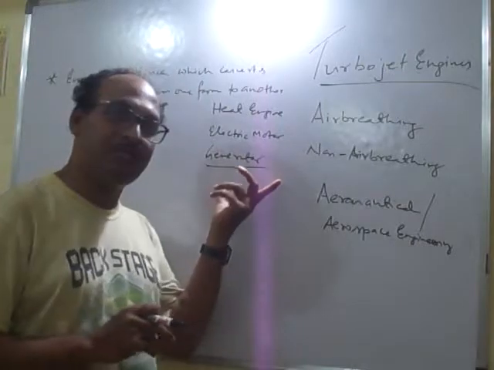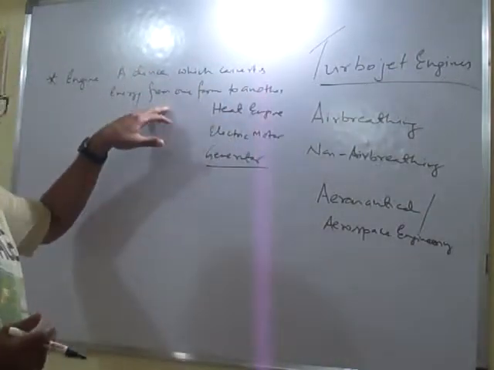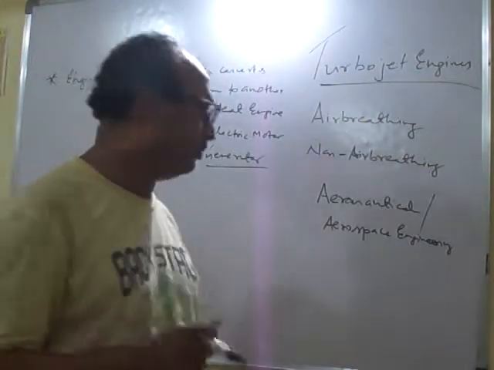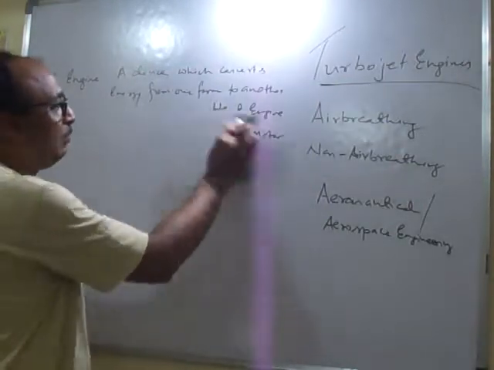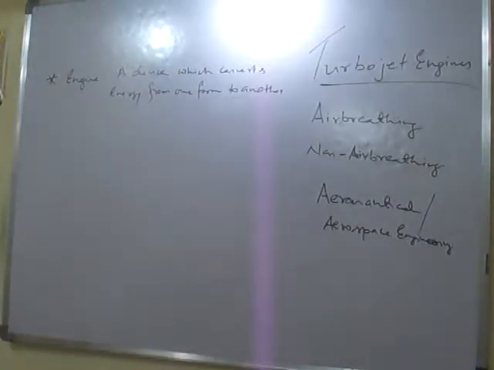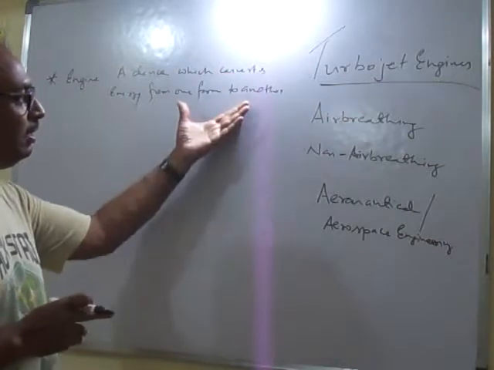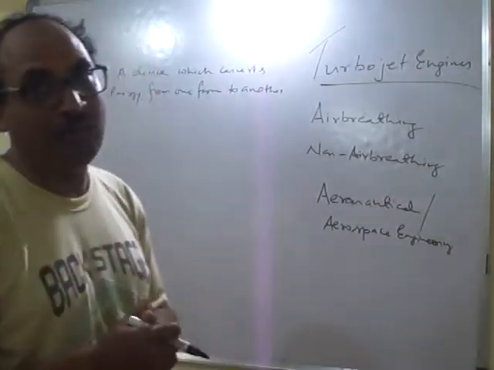So why are we calling it an engine? Because all engines convert energy from one form to another. So we discussed what can be called an engine: anything which converts energy from one form to another. Even the bicycle which we are riding, muscular power is being converted to mechanical energy.